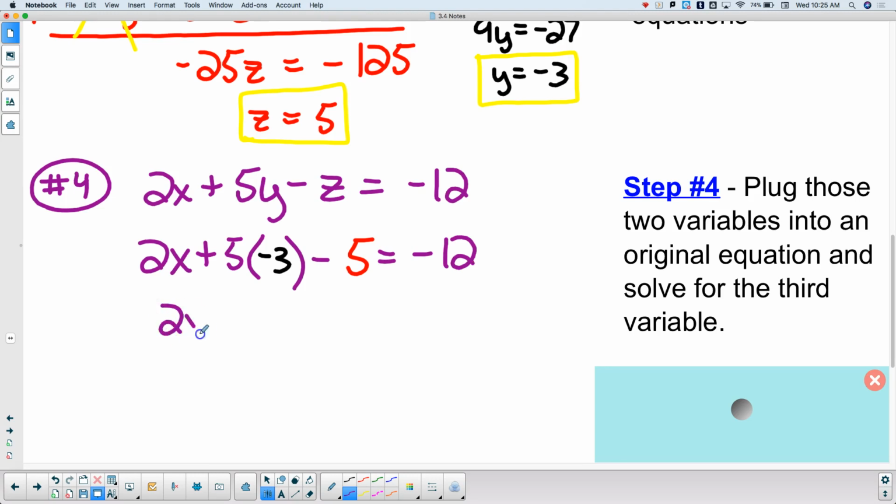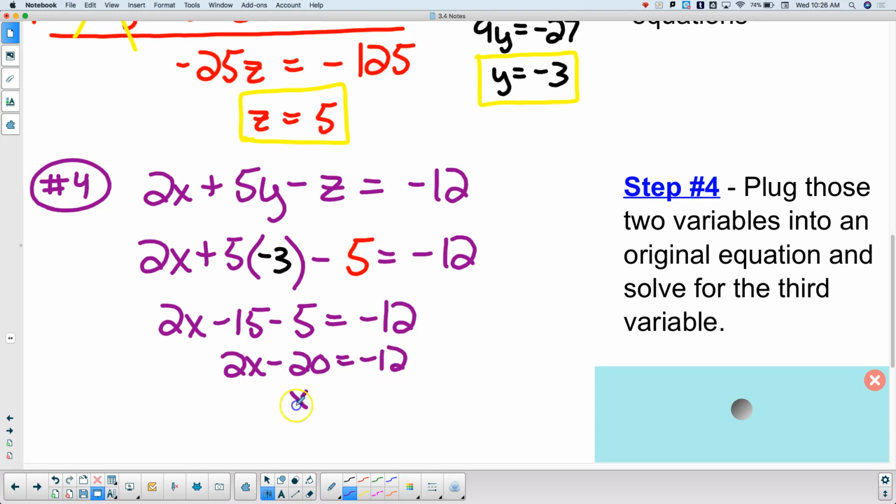Two x minus 15 minus 5 equals negative 12. So that's 2x minus 20 is negative 12. 2x is 8. X is 4.